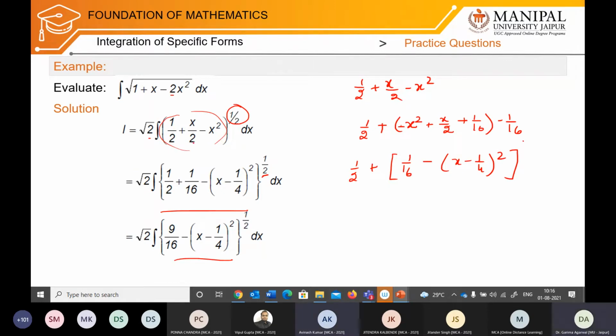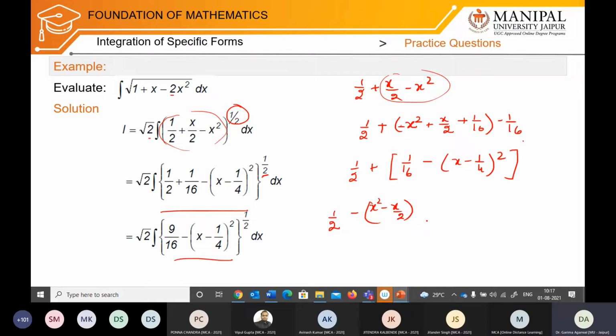Okay. So this is your form now, 1 by 2 plus x by 2 minus x square, right? If I convert it into the quadratic form, let's write this form as x square minus x by 2, if I take minus common.